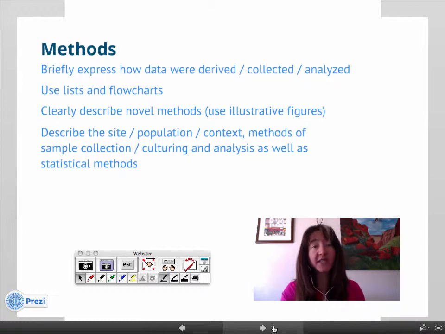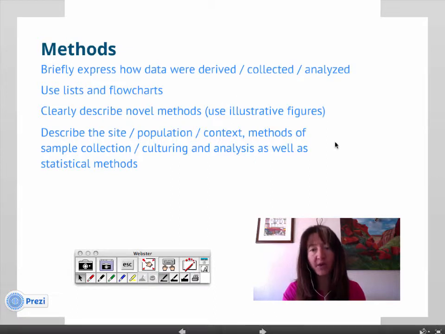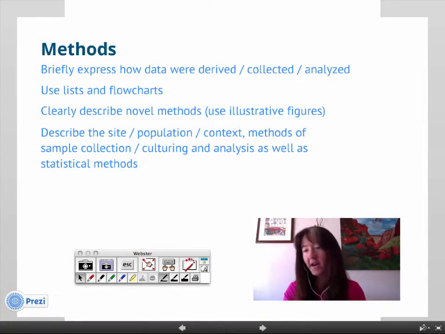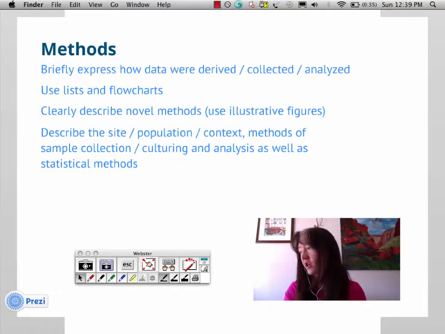So we need to express how the data were collected, how they were derived and analyzed, and oftentimes using a flowchart for that is a really great idea. I actually have a PowerPoint presentation that uses a flowchart that I'm going to bring in for us to take a look at.